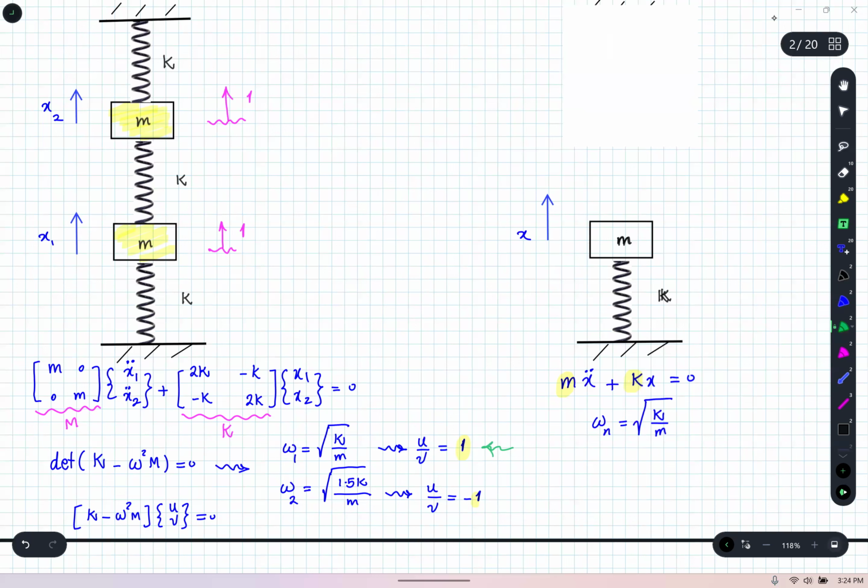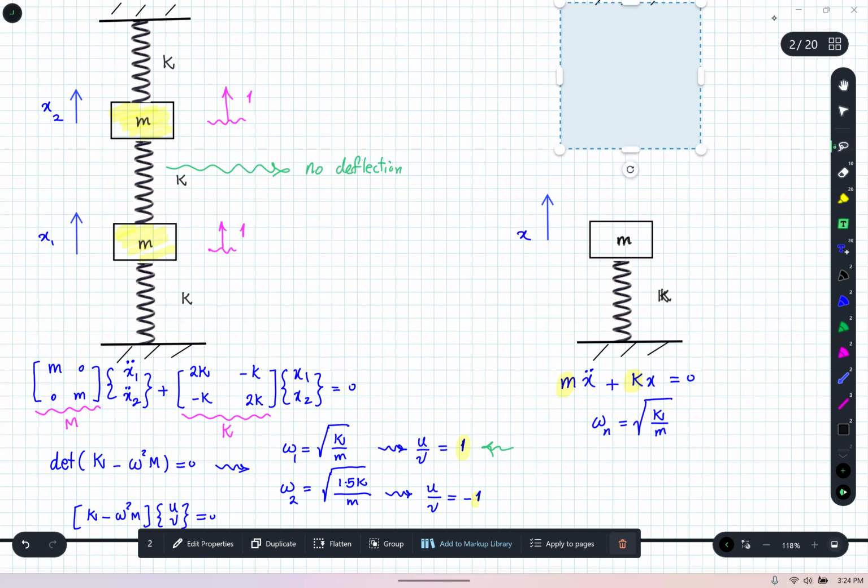And it means there will be no deflection in that spring, right? Because both sides move by the same amount. Well, simply it means then the middle mass does nothing. It applies no force. In other words, I can pretend that it does not exist.